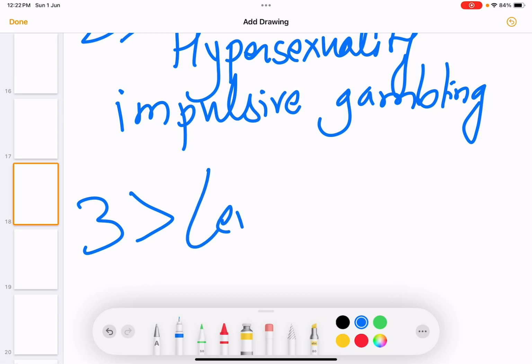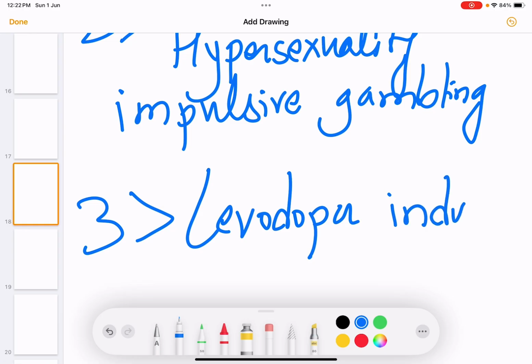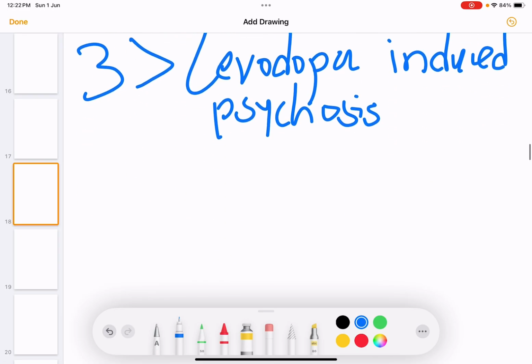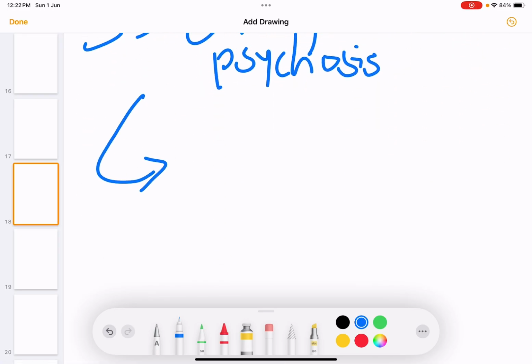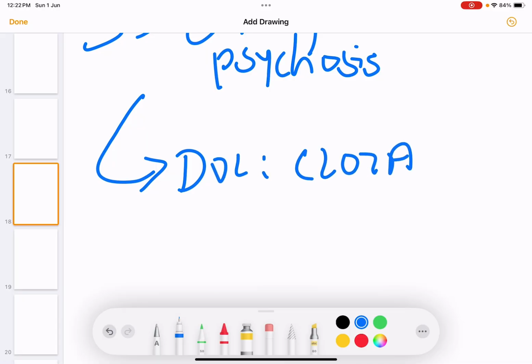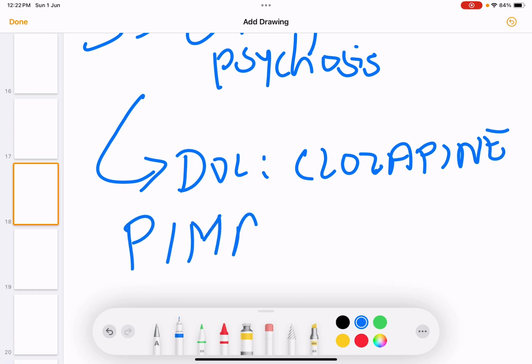So there can be levodopa induced psychosis. And the drug of choice for this levodopa induced psychosis is clozapine. Another drug which can be used is pimavanserin.